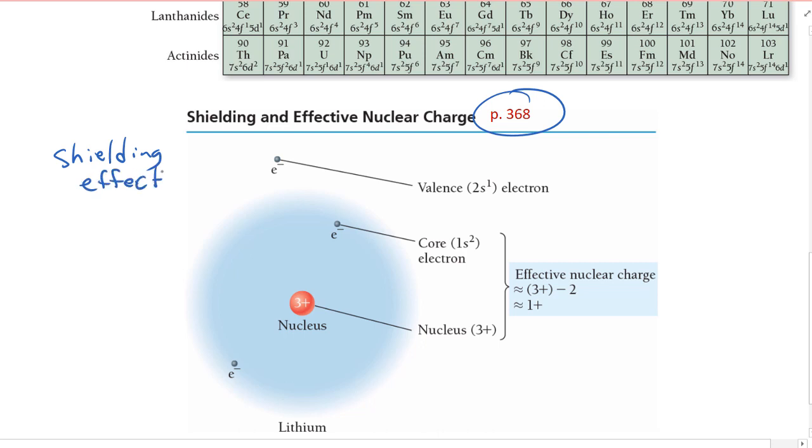And the effective nuclear charge we define like this. The effective nuclear charge is the nuclear charge that is experienced by valence electrons.